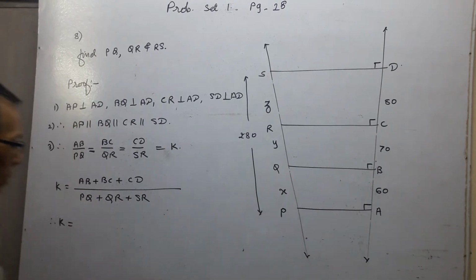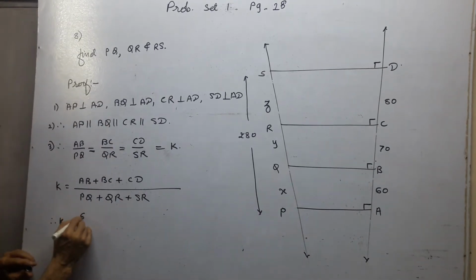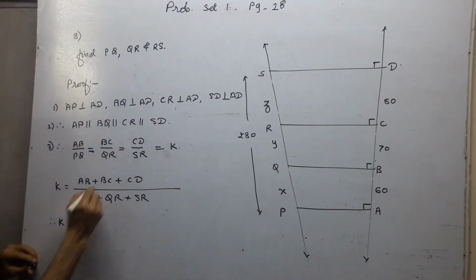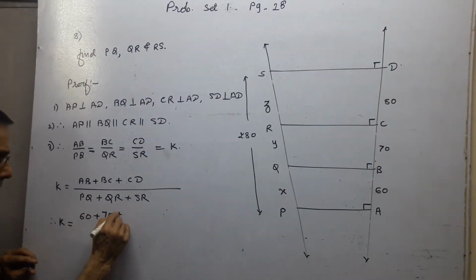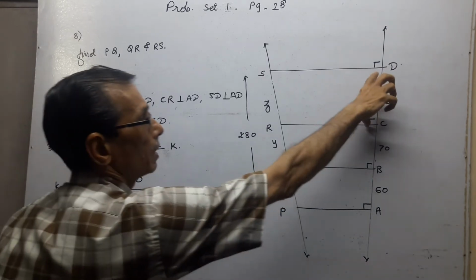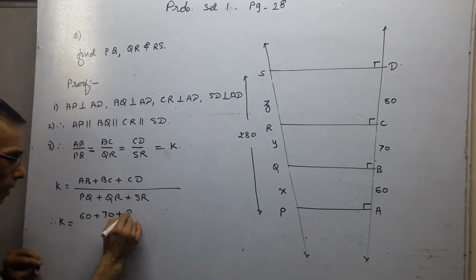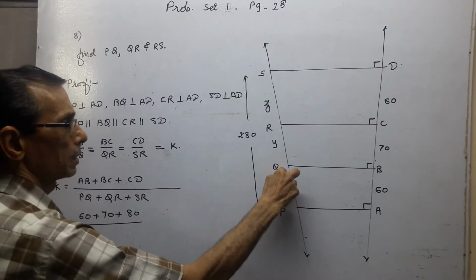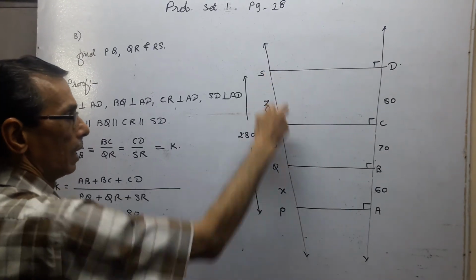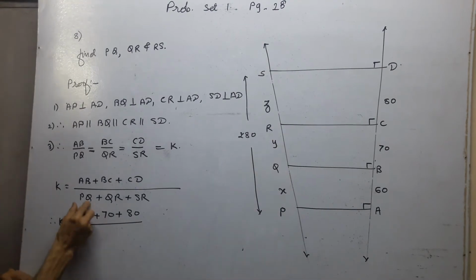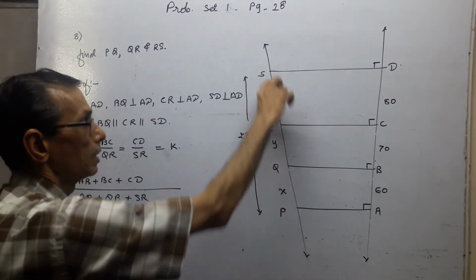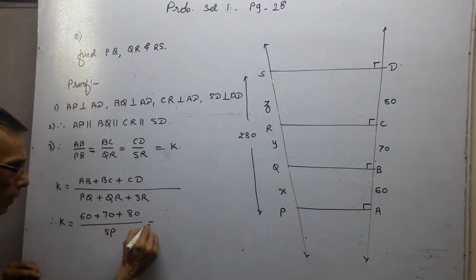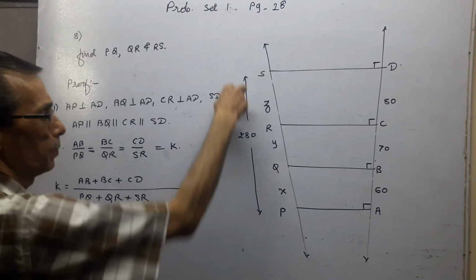but AB is given 60, so let's write AB 60. BC is 70, so let's write here 70. CD is 80, so let's write it 80. Upon PQ plus QR plus SR, so PQ plus QR plus SR is equal to PS, and they have given total PS 280.